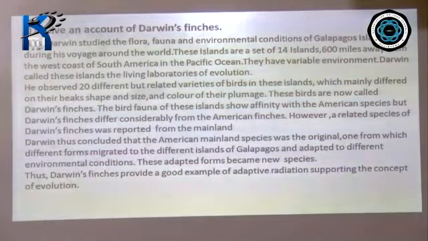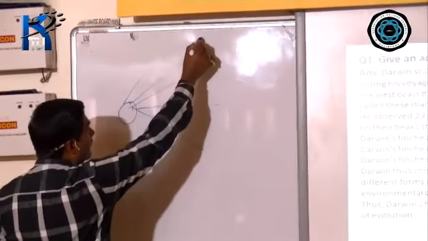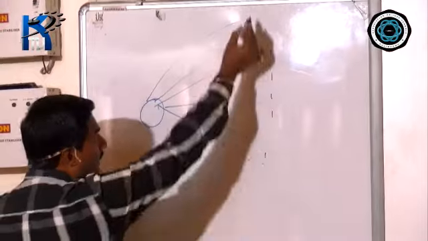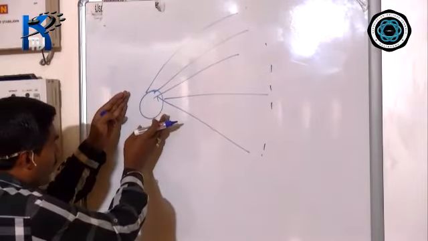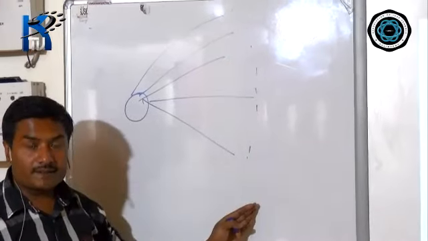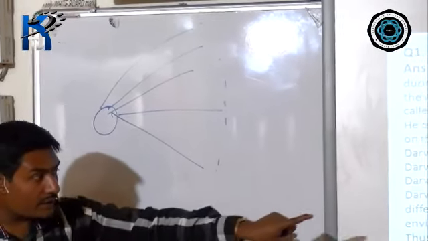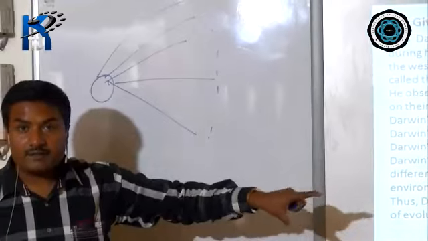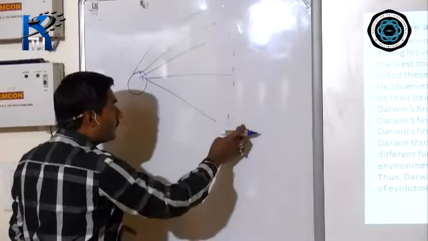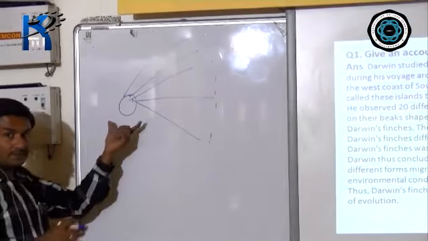That means from one American mainland, to 14 different islands, he found 20 different species of these finches, which were different from one another. And by this what he came to know was called which radiation? Adaptive radiation. All these 14 more or less have migrated from one place, from one mainland.